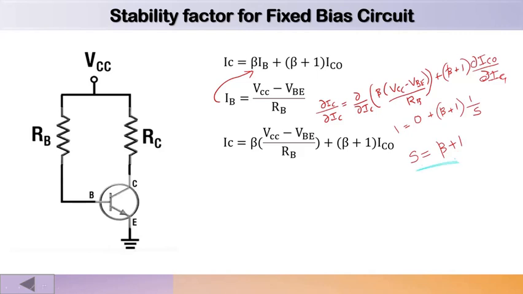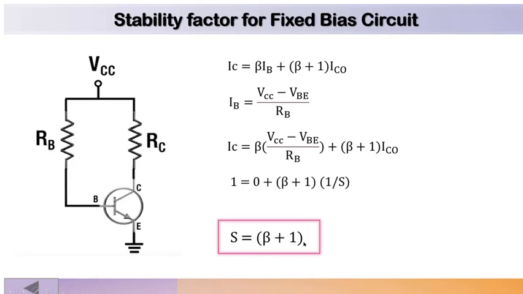Like this we will be getting. So if you differentiate, we get 1 equal to 0 plus beta plus 1 into 1 by S. So finally we get S is equal to beta plus 1.